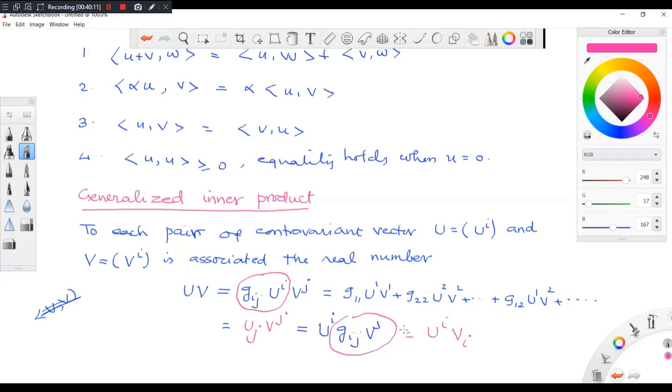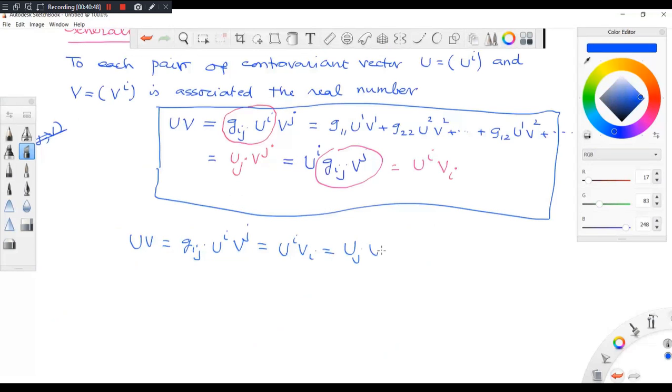And this is the generalized inner product for a contravariant vector. In the same way, you can define the inner product for covariant vectors also. So let me put it. The associated real number uv equals gij ui vj, which is equal to ui vi, which is also equal to uj vj.